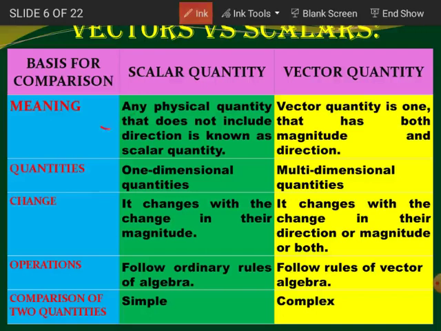Now vector quantity: any physical quantity which can be specified by both magnitude and direction, we call it a vector quantity. The scalar quantity is one-dimensional, whereas the vector quantity is multi-dimensional.